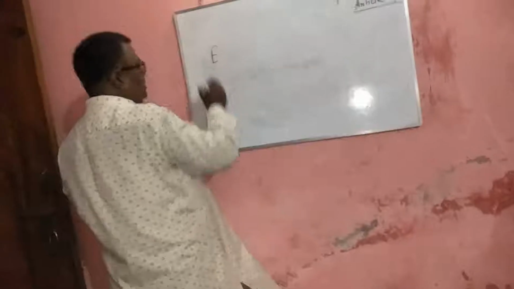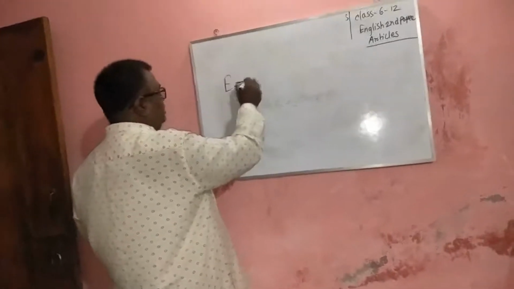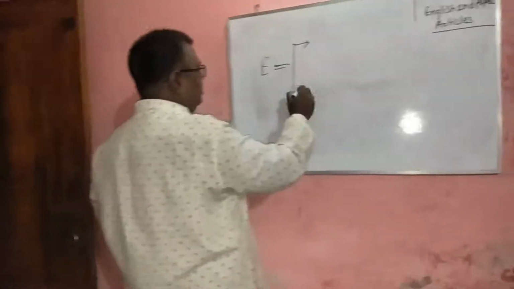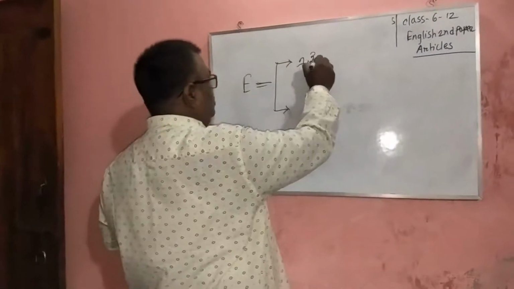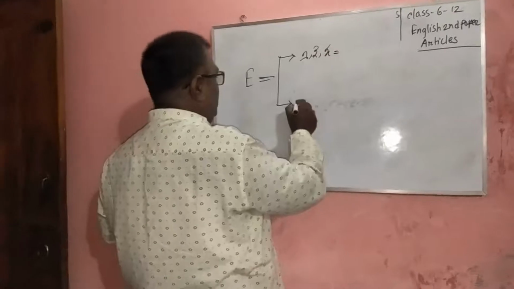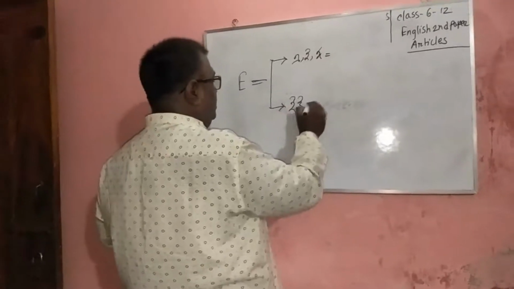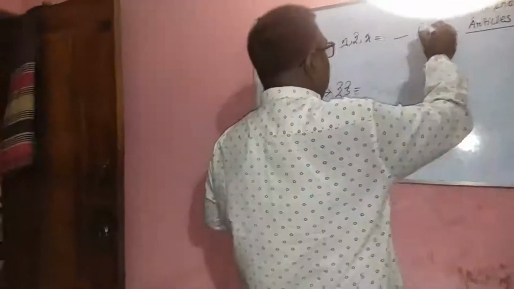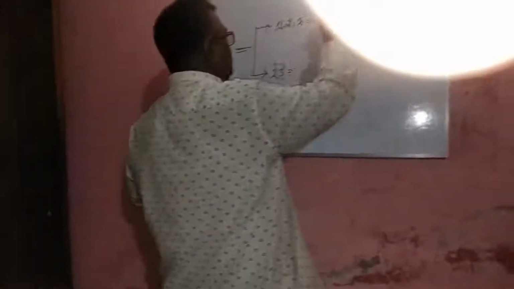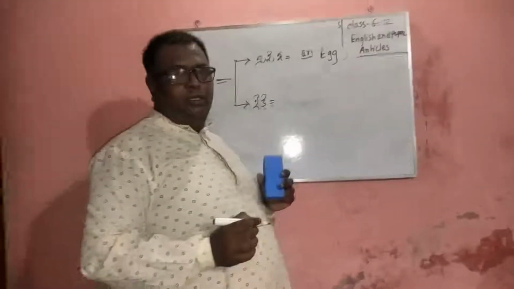The last letter, E. Look, my dear students, E. Here E is pronounced like a short or long E, or like U. If E is pronounced like E, here we use an generally.